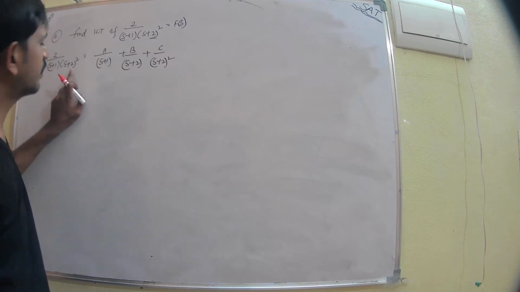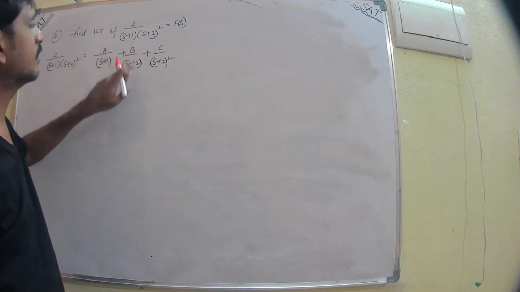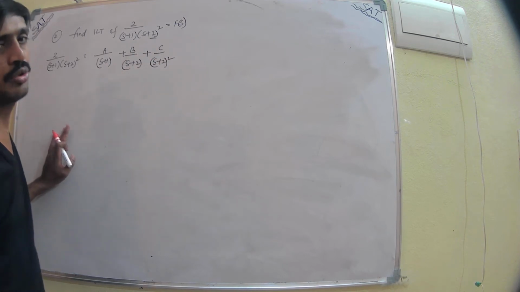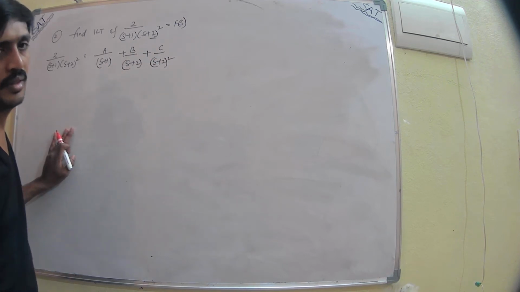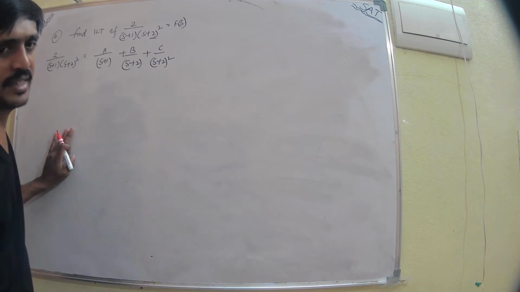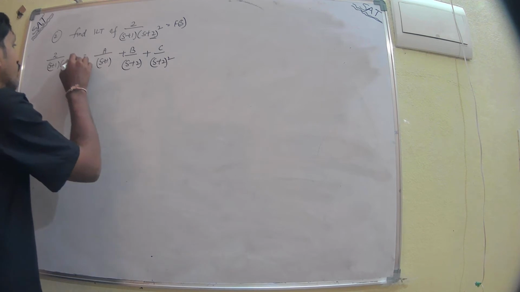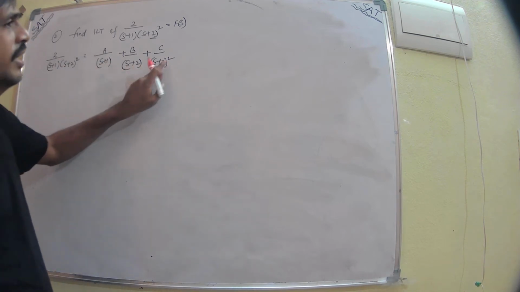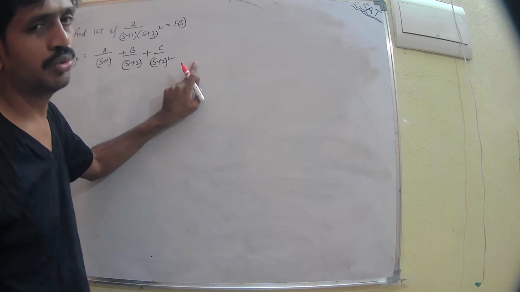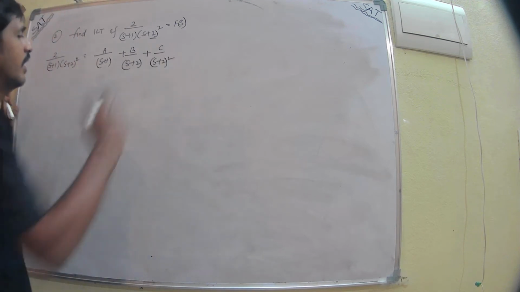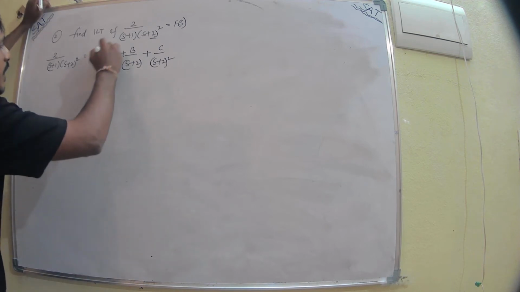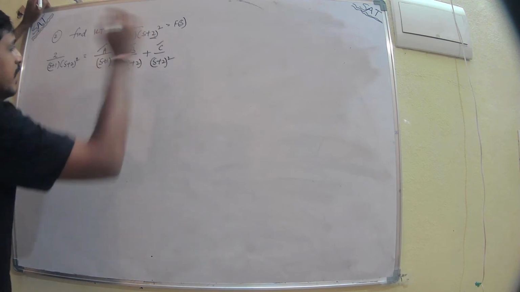If (s plus 3) whole cube is there, then B by (s plus 2), C by (s plus 2) whole square and D by (s plus 3) whole cube. Like this, we have to extend the terms depending upon the repeated roots. If 3 repeated roots are there, then (s plus 2) whole square, (s plus 2) whole cube. Like that, we have to write the equation.